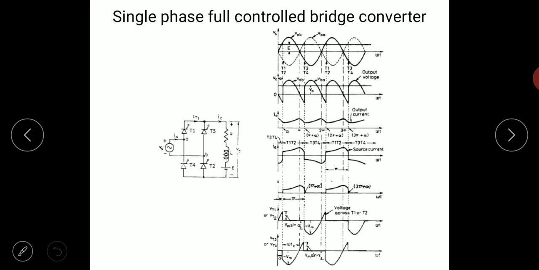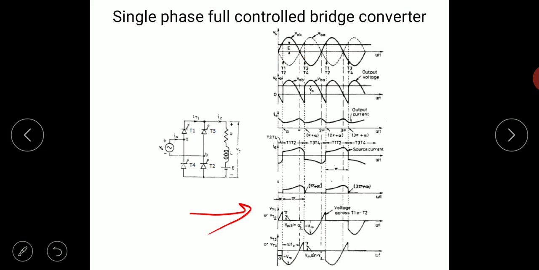So T3 and T4 will have 0 voltage between the instants pi plus alpha to 2 pi plus alpha, and at all other instants the voltage across these SCRs will be equal to minus Vm sin omega t, not Vm sin omega t, but minus Vm sin omega t. If you observe in this period, it will be equal to minus Vm sin omega t, the waveform represented by the dotted line.